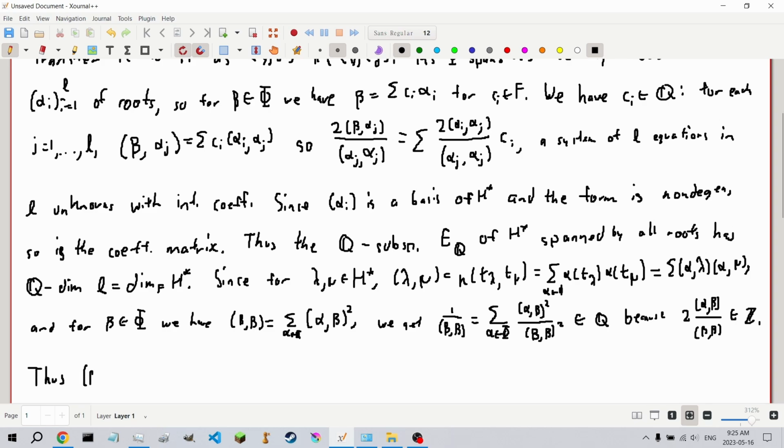Thus, the form of beta with itself is rational, and so the form of any two roots, I believe, is rational.